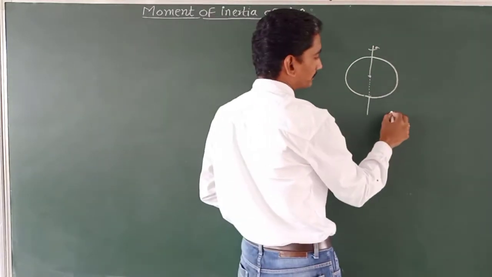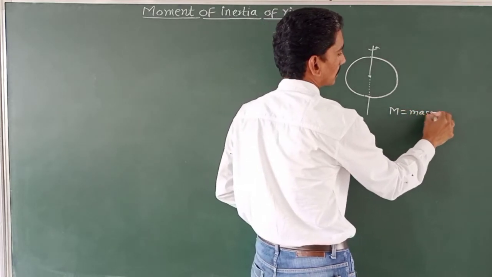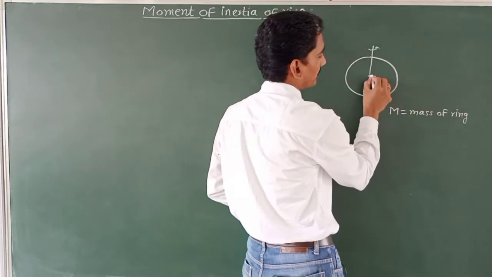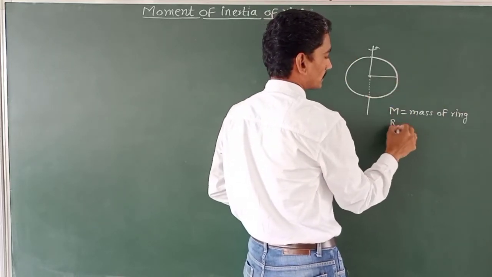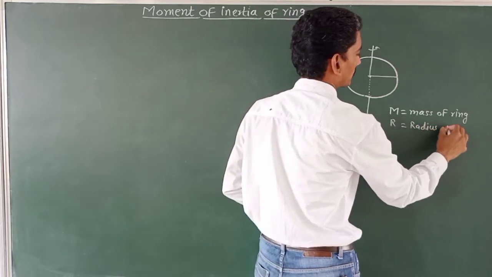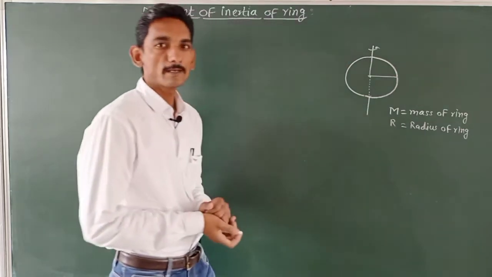Suppose capital M is the mass of the ring, and capital R is the radius of the ring.